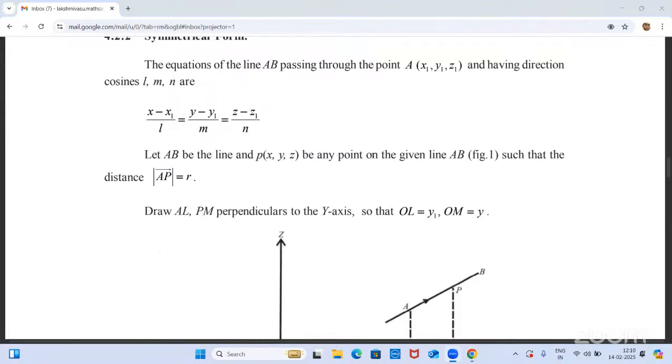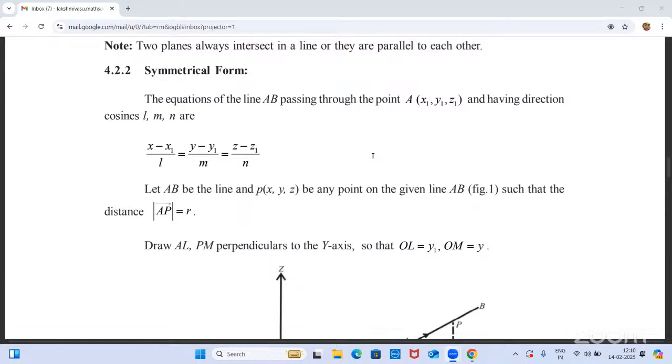Now here the symmetrical form is the equation of the line AB passing through the point A (x1, y1, z1) and having direction cosines l, m, n. Here x1, y1, z1 is any one point. Here AB, A is one of the points and B is another point. These two points are connected, passing through the point x1, y1, z1, and the direction cosines are l, m, n. Now, here the direction cosines are known.